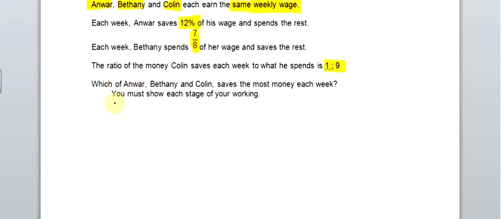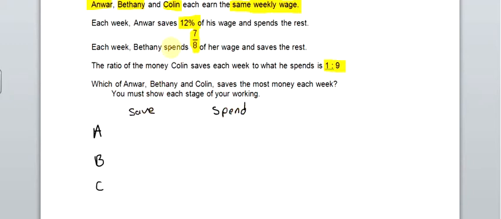So what I'm going to do is just do a little table, really. I'm going to have Anwar, he's going to be A, and Bethany's going to be B, and Colin is C. And then I'm going to write down what they save and what they spend, and see where that gets us.